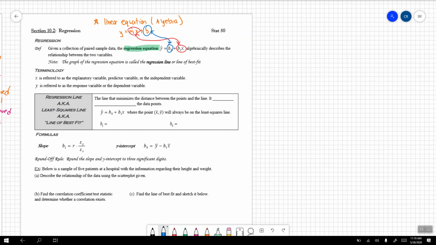Now, x is always going to be your explanatory variable or the independent variable, and then y is going to be the response or the dependent variable, however we want to view it. Independent and dependent are what we refer to them in algebra class, and explanatory and response variables are what we refer to them in statistics.